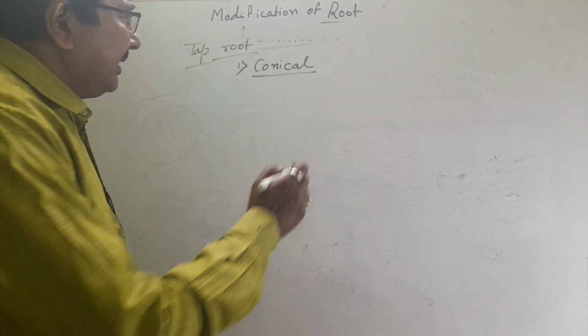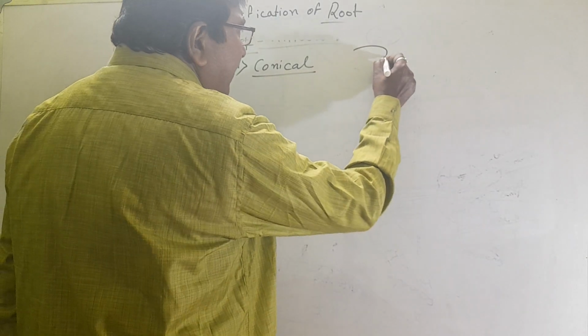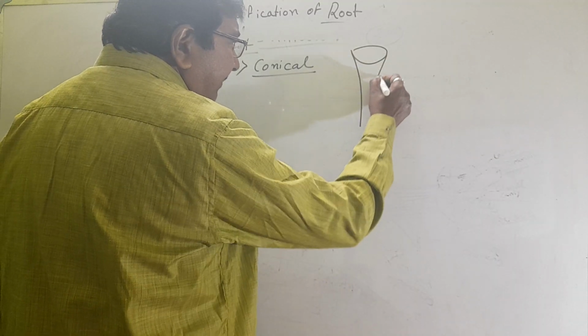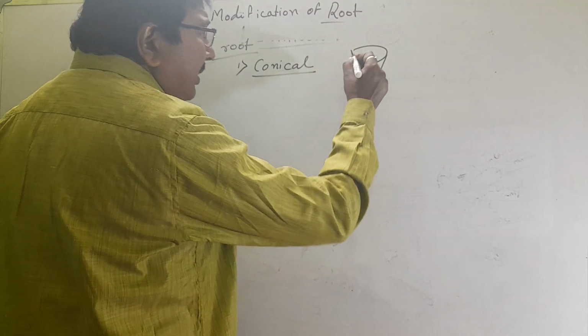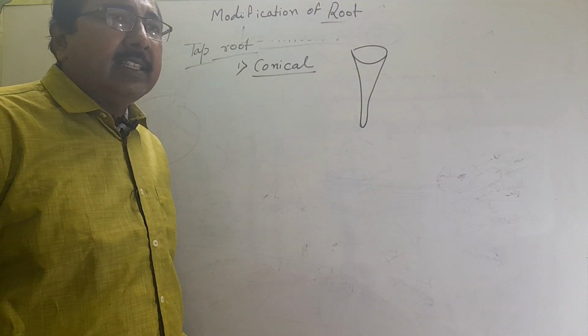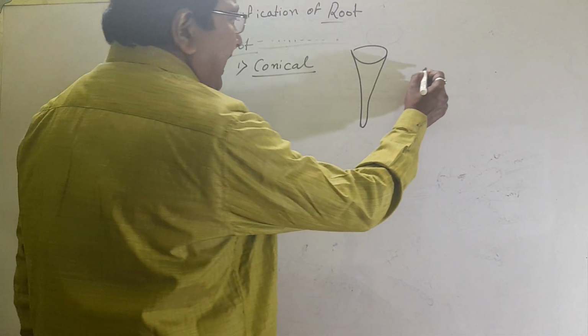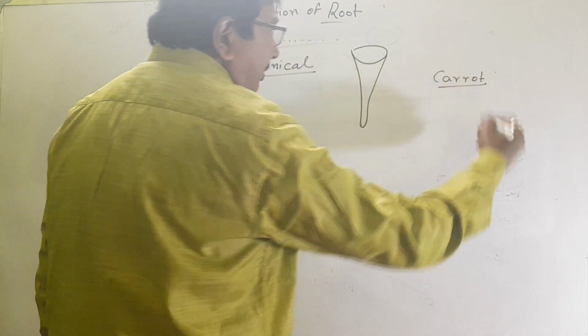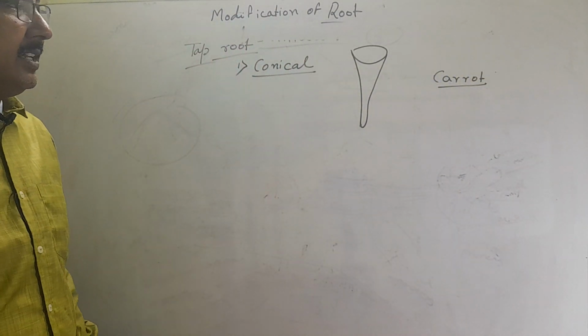Due to modification, the upper part of the root is thicker and the lower part is tapering. This type of root is called conical root. The example is carrot.